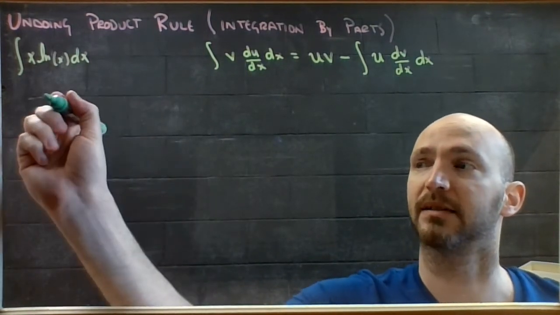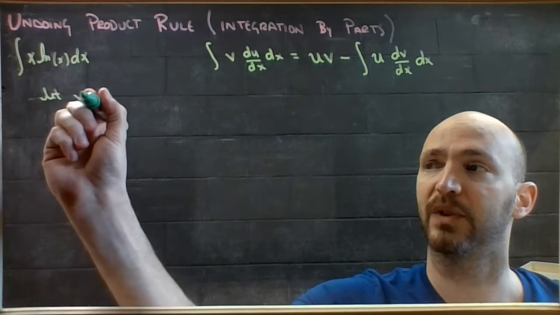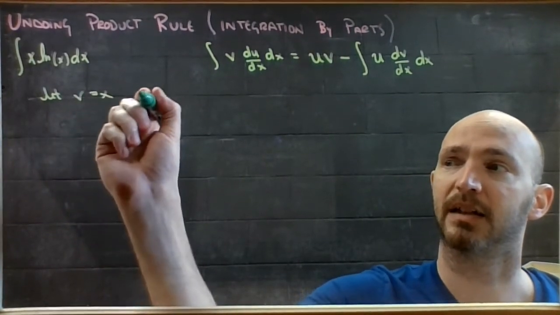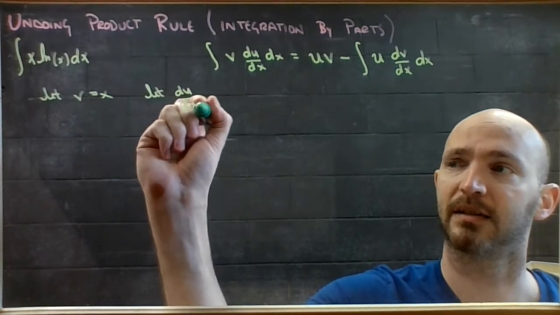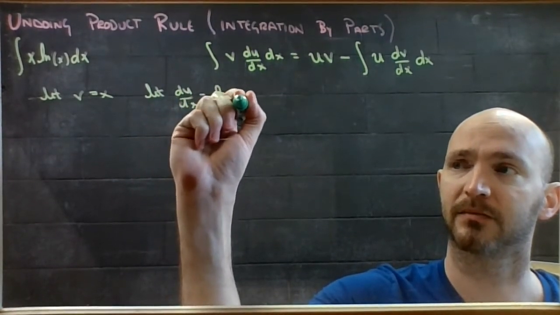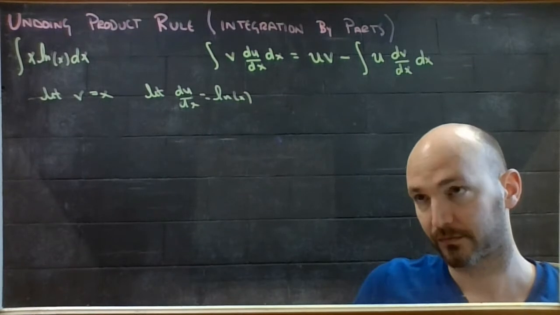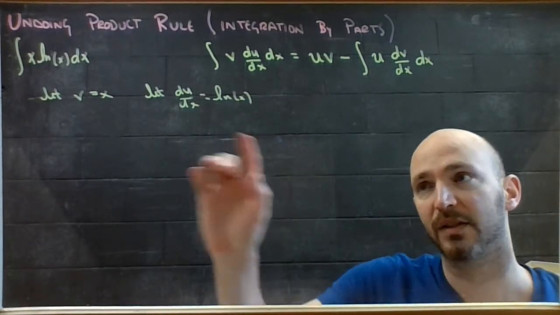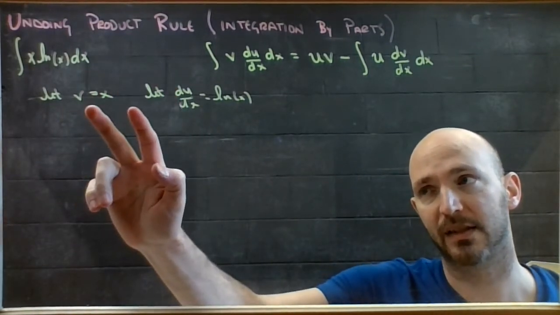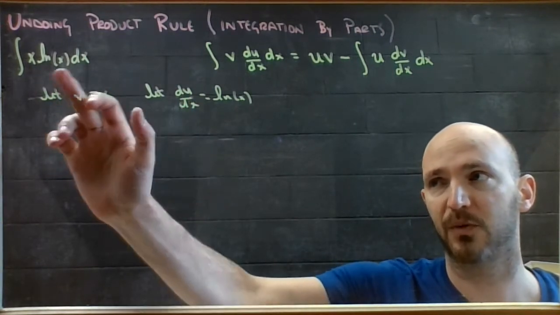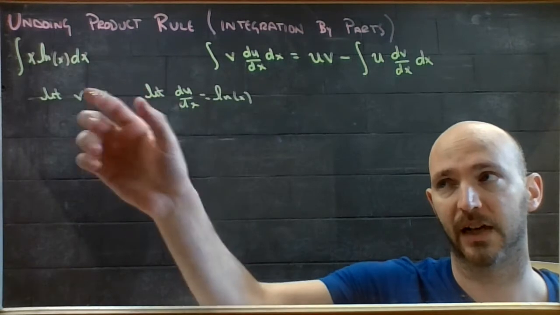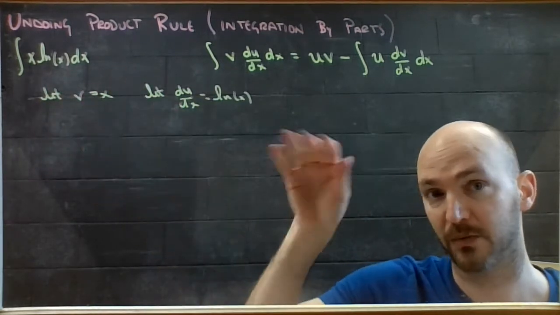Okay, I'm going to let v equal x and let du dx equal ln x. So if I set v as x and the derivative of u as ln x, I'd put them in there, I would get x ln x dx, so no problem.